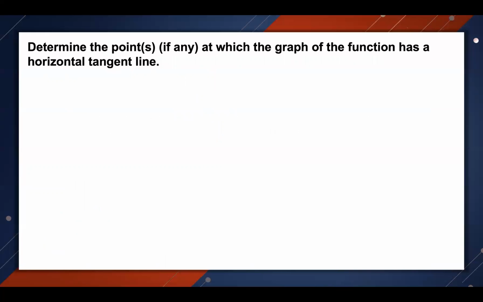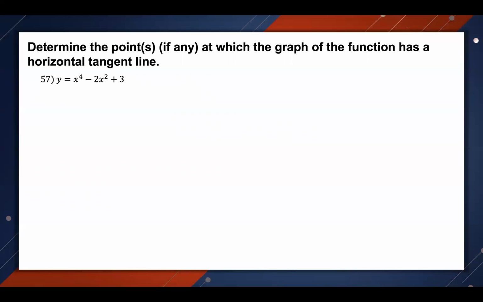For this one, determine the points, if any, at which the graph of the function has a horizontal tangent line. y equals x to the power of 4 minus 2 times x squared plus 3.